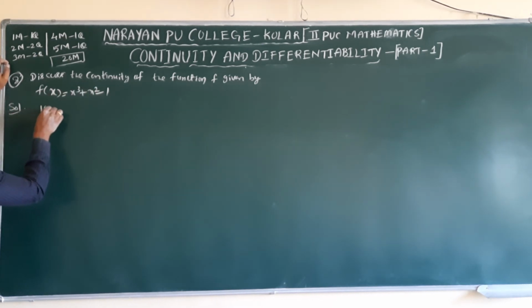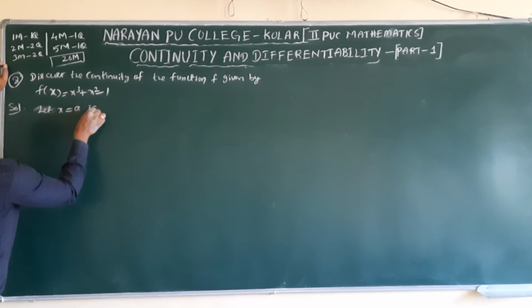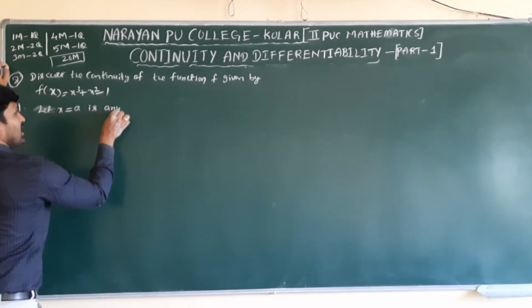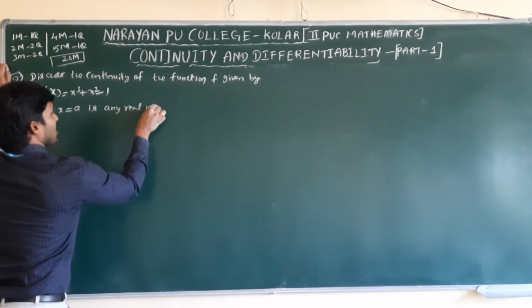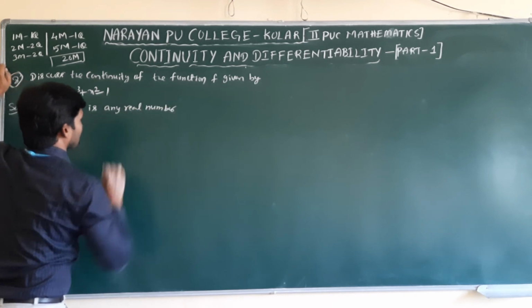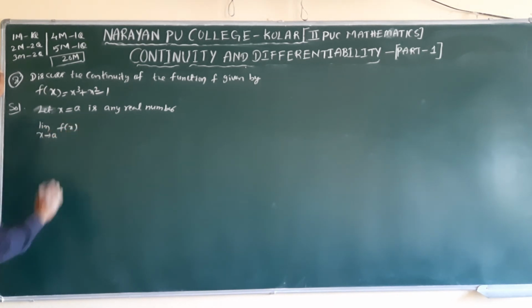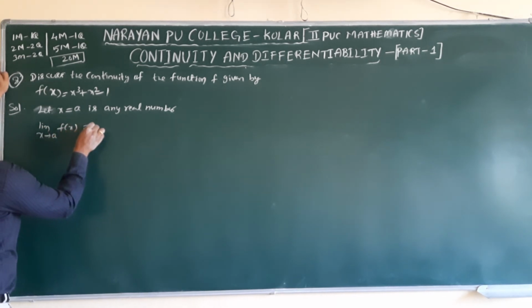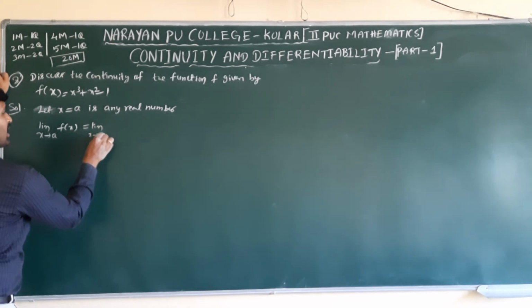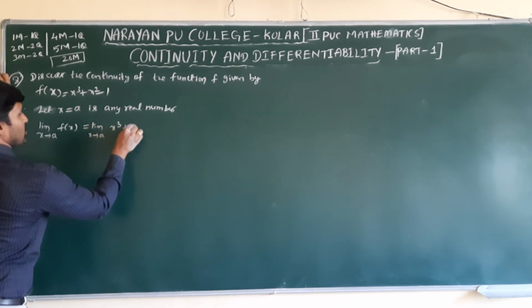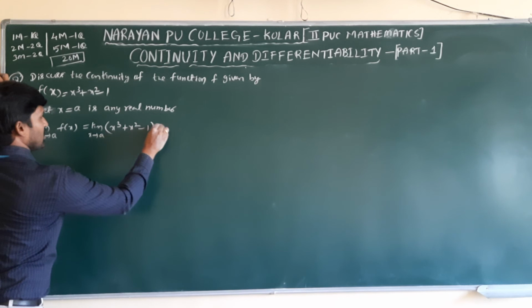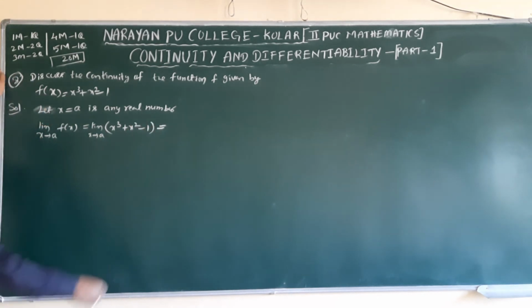How to check here? Let x is equal to a, any real number, because for any real number we need to show that it is continuous. Every polynomial is continuous. Here directly we can check that real number condition. Limit x tends to a, f of x is x cube plus x square minus 1. If you substitute x value as a, what will you get?